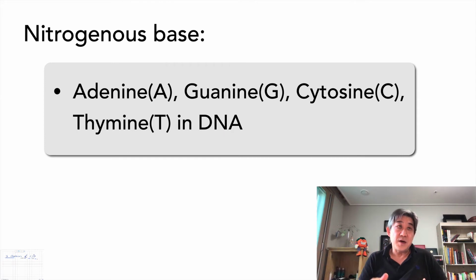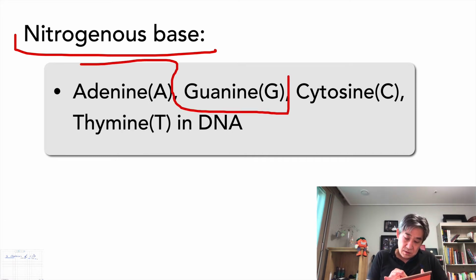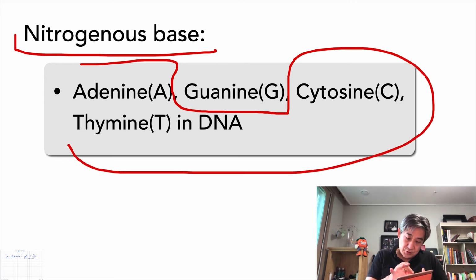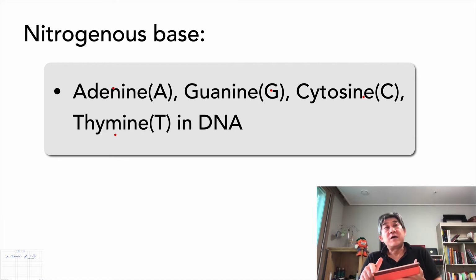And the other part is made by another chemical we call the nitrogenous base. There are 5 different types of nitrogenous base possible, but in the case of a DNA nucleotide, only these 4 different types of nitrogenous base are used.